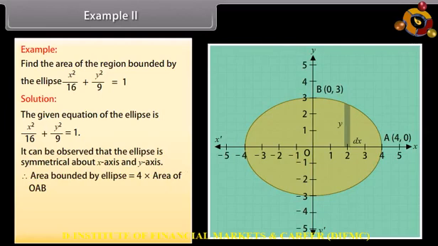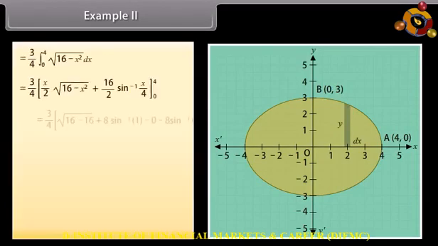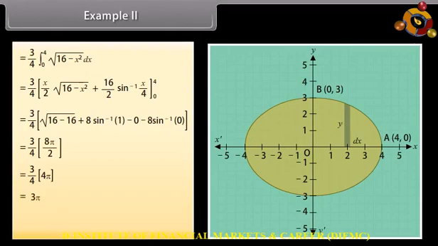Therefore, area bounded by the ellipse is equal to 4 into area of OAB. Area of OAB equals the integral from 0 to 4 of y with respect to x. By solving it, we get area of OAB equals 3 pi. Therefore, area bounded by the ellipse is equal to 4 into 3 pi equals 12 pi square units.